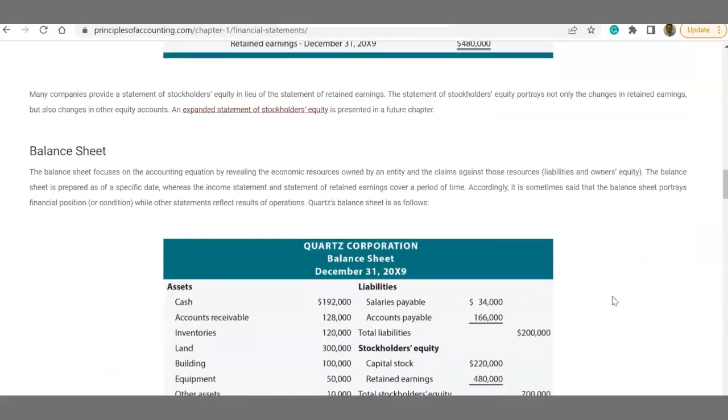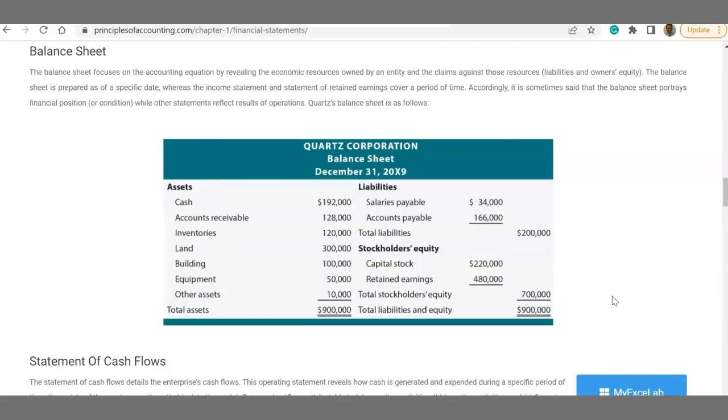Perfect. Okay, report number 3 is your balance sheet. Your balance sheet is a moment in time, a snapshot picture. So you put your assets and add them up. Total assets is 900,000. Does anyone know why cash is at the top? Why accounts receivable is at the top?